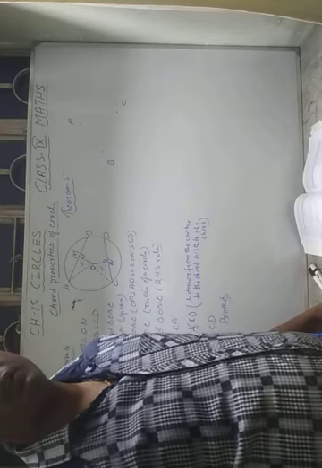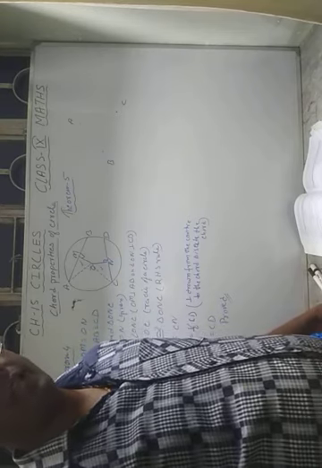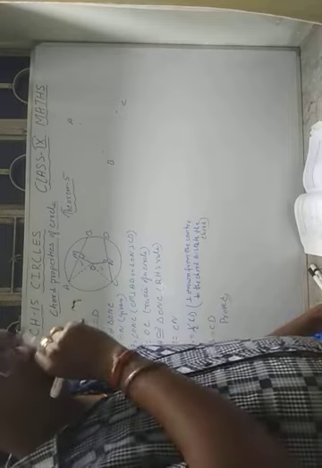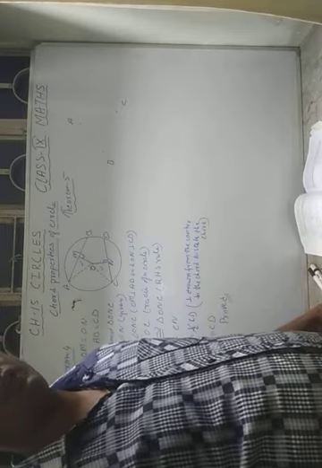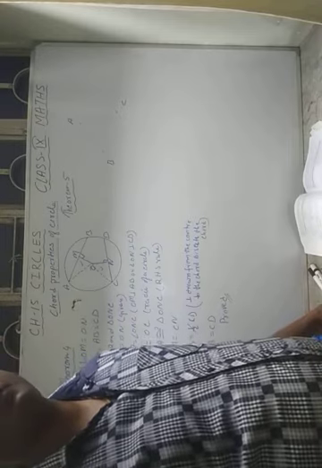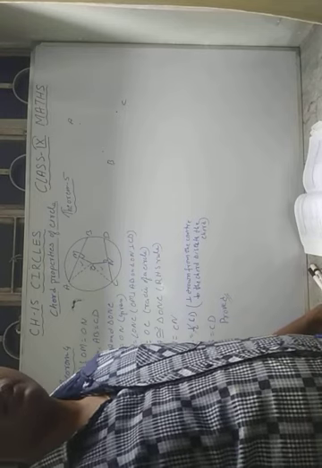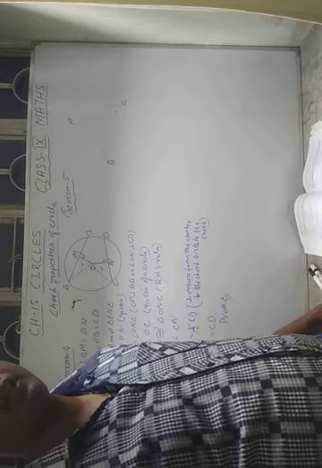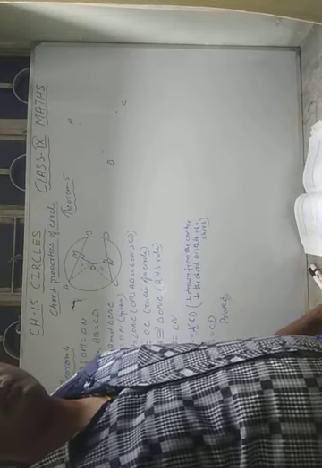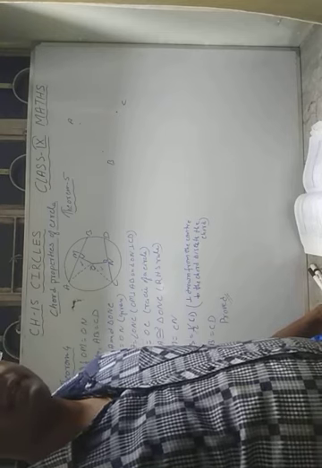Non-collinear means the points which do not lie on the same line. If three or more points lie on the same line, they are called collinear. But here we have taken non-collinear points, which means the three points do not lie on the same line.